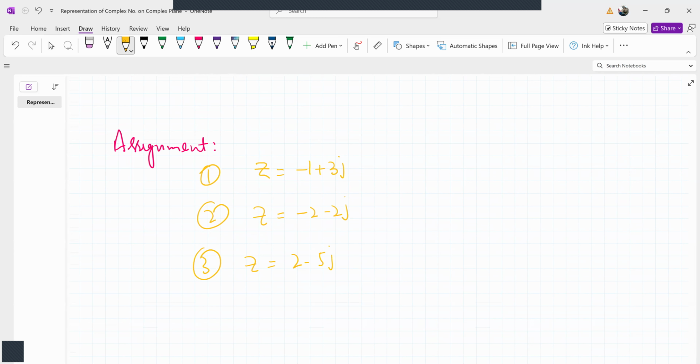Plot these complex numbers on a complex plane using the phasor or polar representation of a complex number. Okay, using this representation, try to plot these complex numbers. All right, let me end this session here.